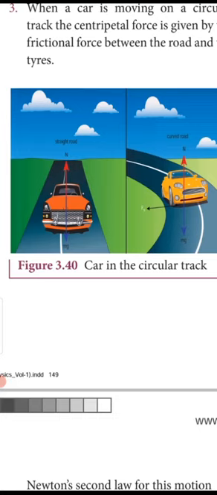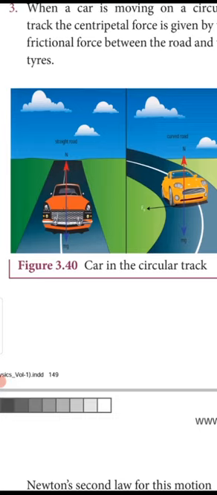When the car moves on a curved track, the centripetal force is provided by the frictional force between the surface of the road and the tire of the car.